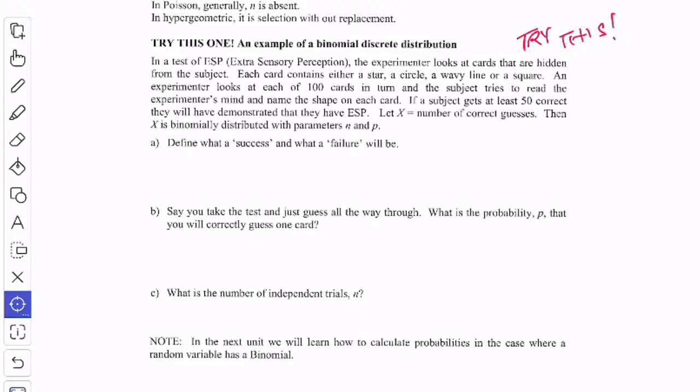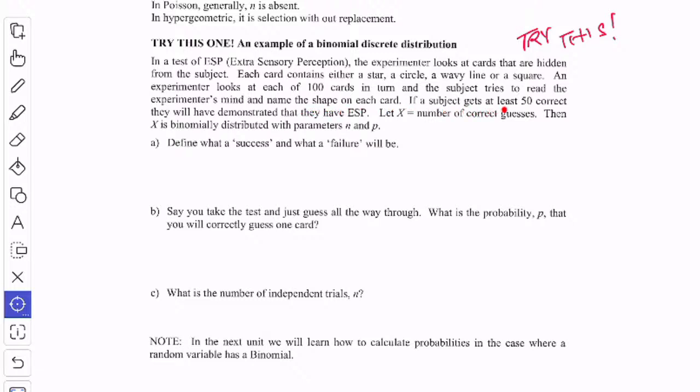So we're going to test if someone has ESP. The experimenter will look at cards that are hidden from the subject. Each card contains either a star, a circle, a wavy line, or a square. The experimenter will look at each of the 100 cards in turn, and the subject will try to read the experimenter's mind and name the shape on each card.